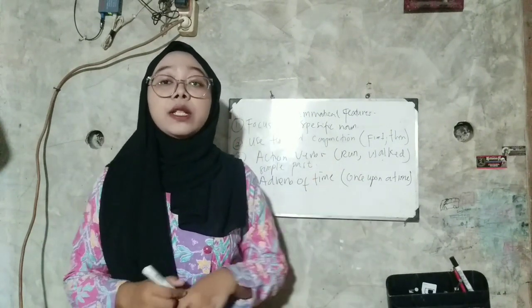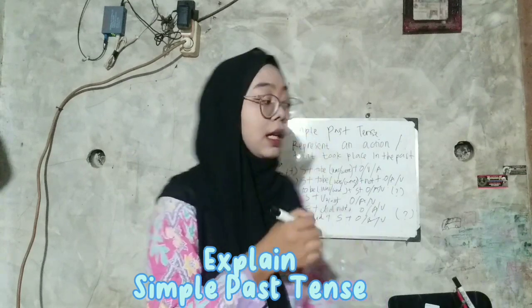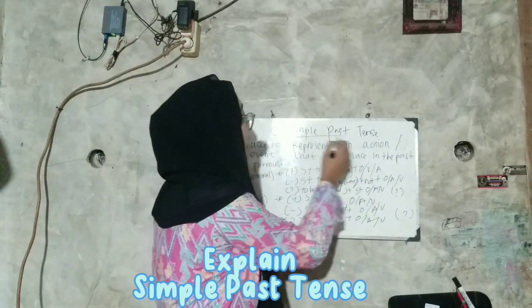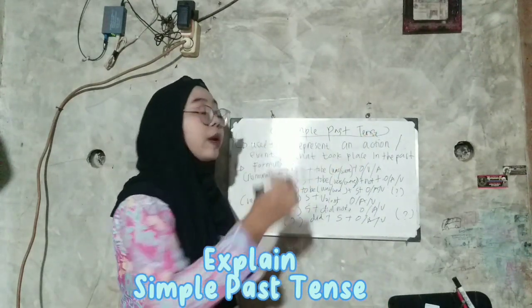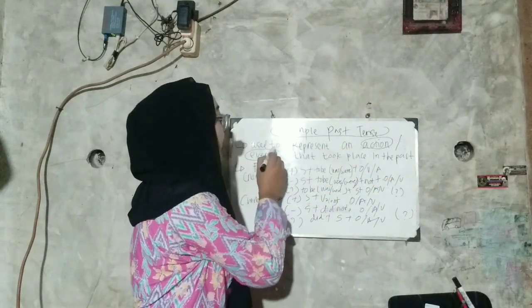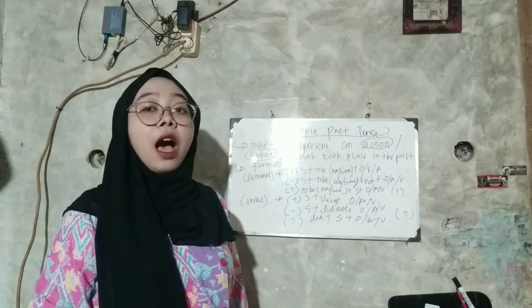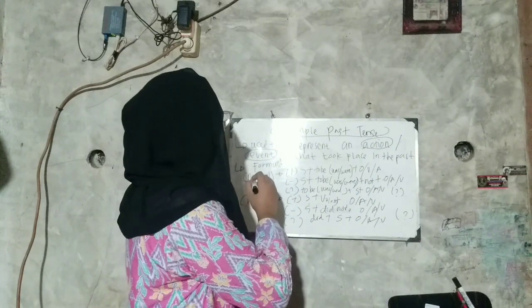And we go on to the simple past tense. What is that? The simple past tense is used to represent an action or event that took place in the past. Okay, I will explain again.